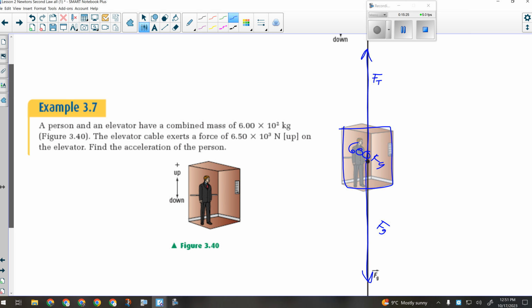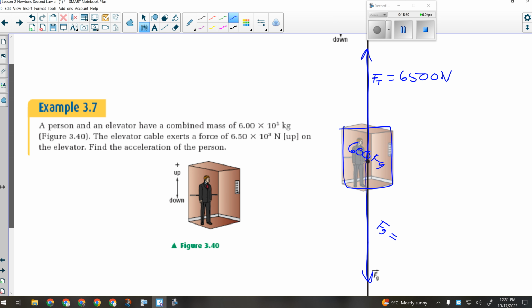How do I calculate the force of gravity? They told me what the tension is. They said it's 6,500 newtons. How do I calculate Fg? The mass of the elevator times 9.8. Exactly. If you look on your formula sheet, that formula is actually on there. Fg equals m times g.